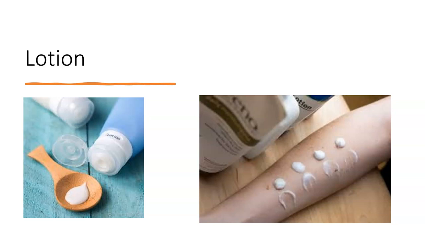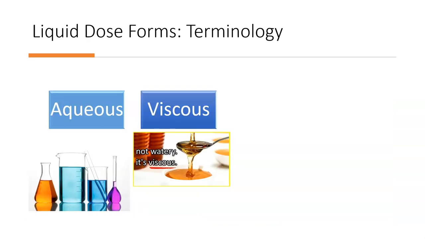So when we're talking about that thickness or that viscosity, an ointment is the most viscous and a lotion is the least viscous. So creams are going to be a little heavier than a lotion, and then ointments are definitely much heavier than a cream. So again, those terms.